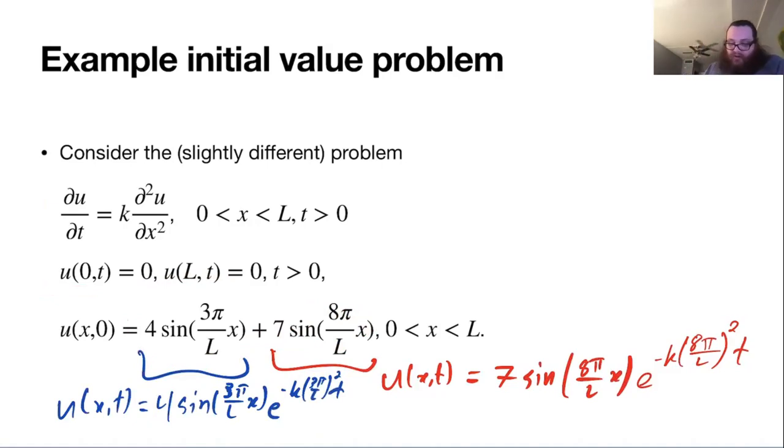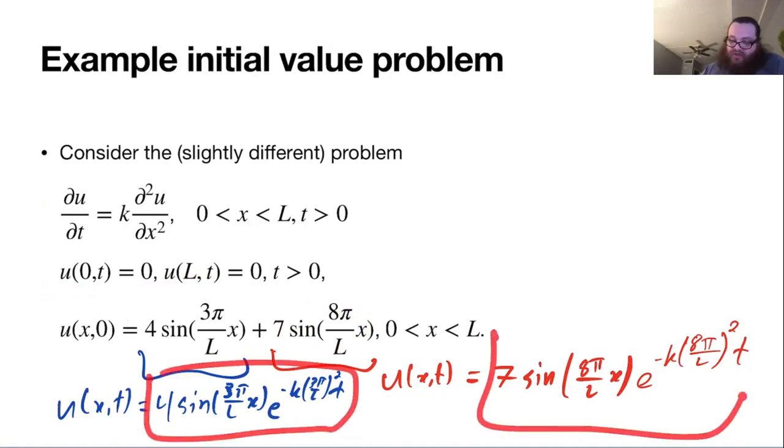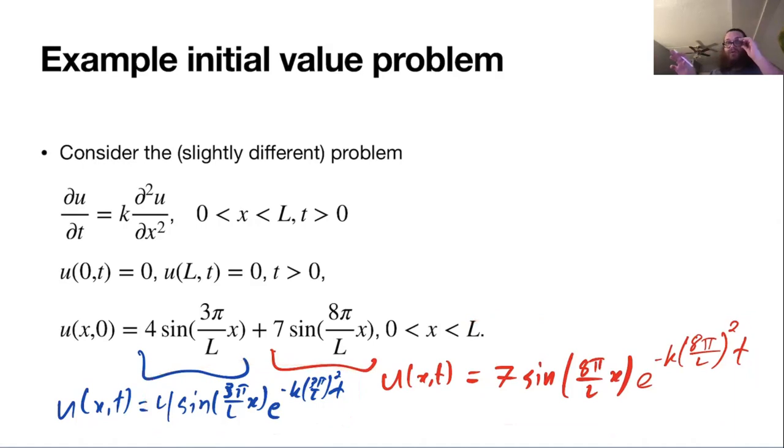Okay, so now the question is, can we take these two solutions to the individual initial conditions and combine them in some way to solve the problem where the initial condition is a sum of these two initial conditions? And the observation is, sure, let's try it.